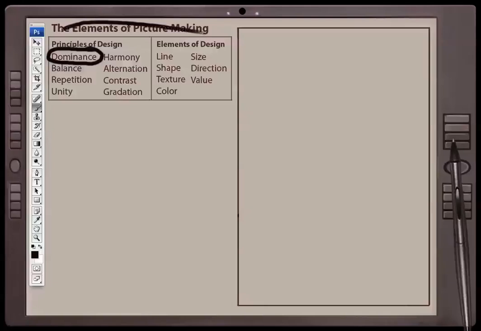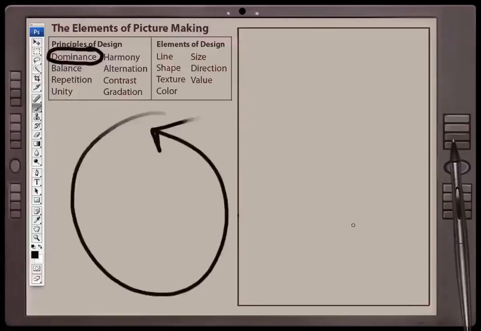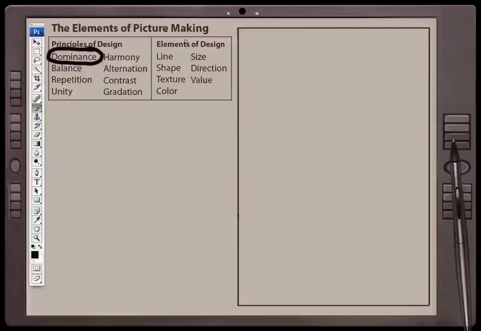Now, it's not only these things that you need to get into your pictures, but also the other elements of picture making that I'm going to list later on over here. But to keep it simple, I'm just going to focus on this for now. Now, as I said, I'm going to start off with dominance.